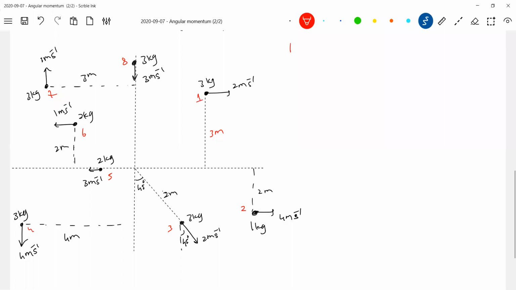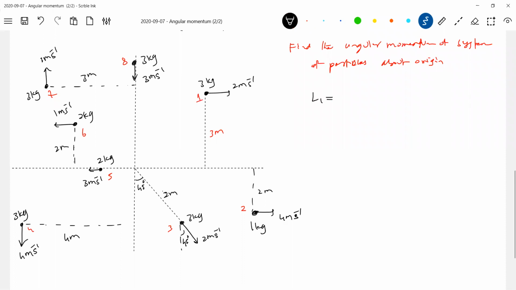So find the angular momentum of the system of particles about the origin. First of all, we will calculate for individual particles.